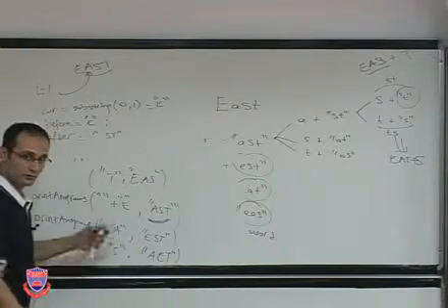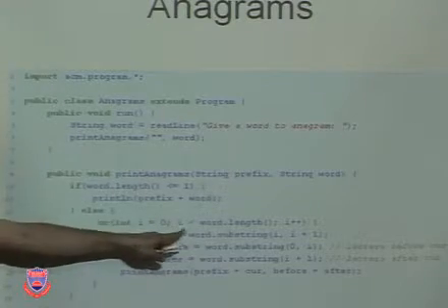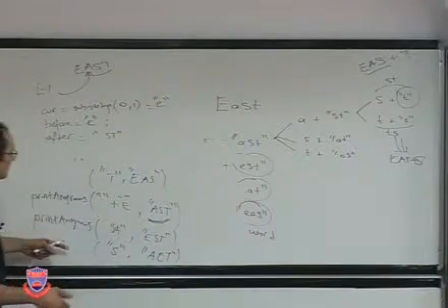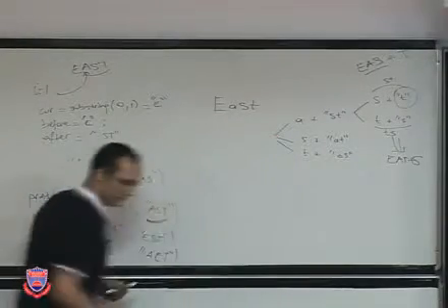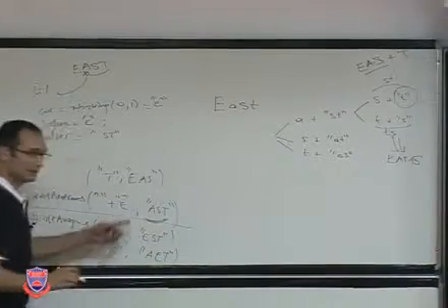Okay? So this is the recursive call. Since your loop goes from 0 to 4, you'll basically have it 4 times, as we did with the print anagrams.